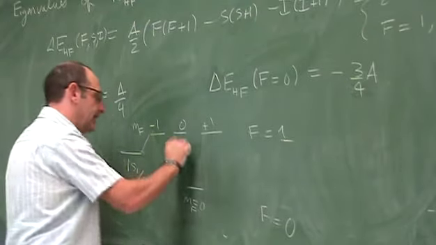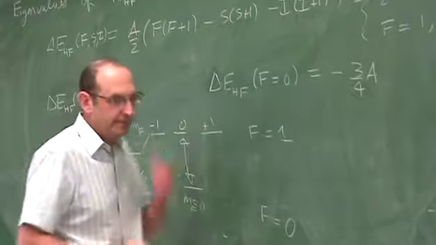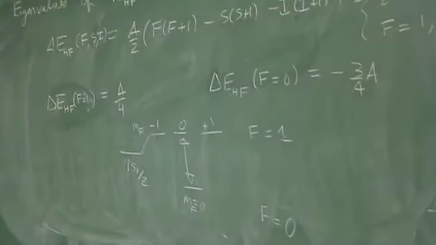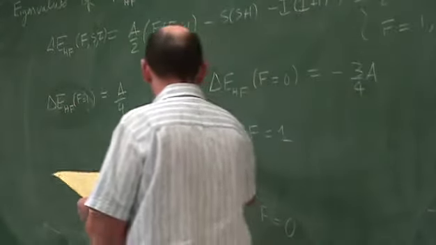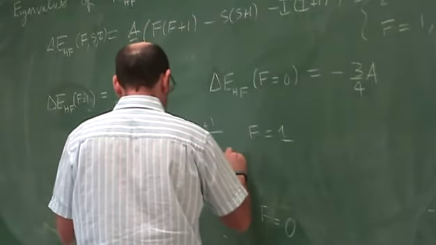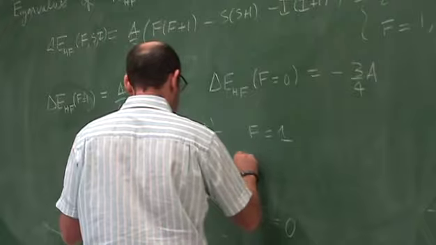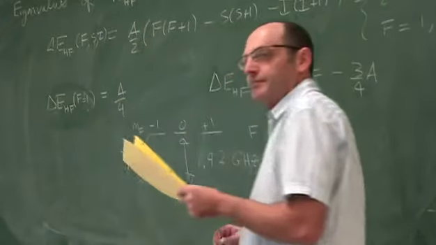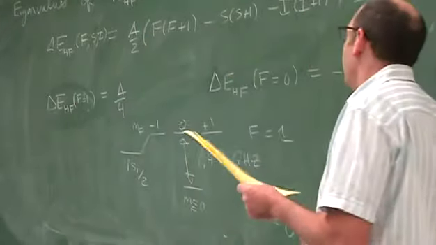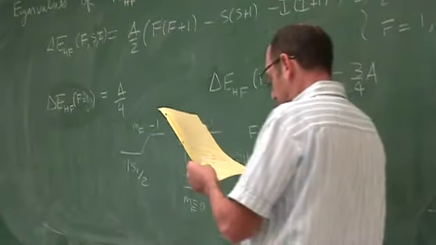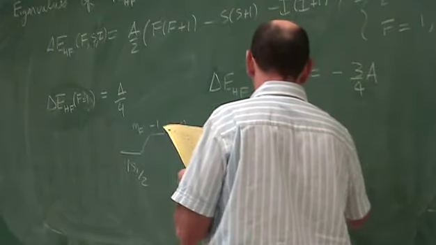And this splitting here in hydrogen is 1.42 gigahertz, a lot smaller than in cesium. Which is in wavelength 21 centimeters.